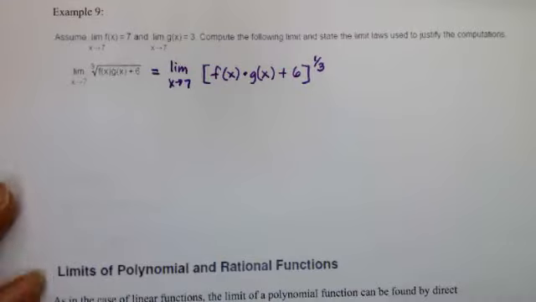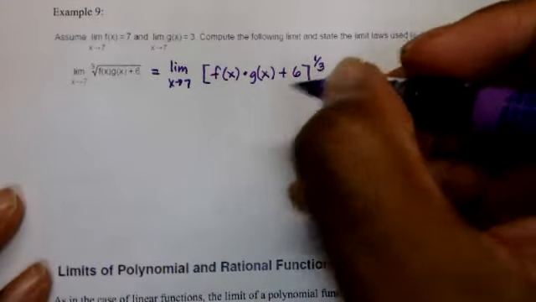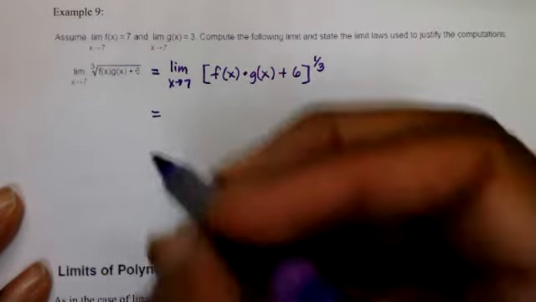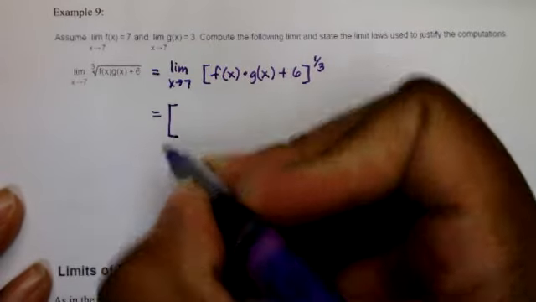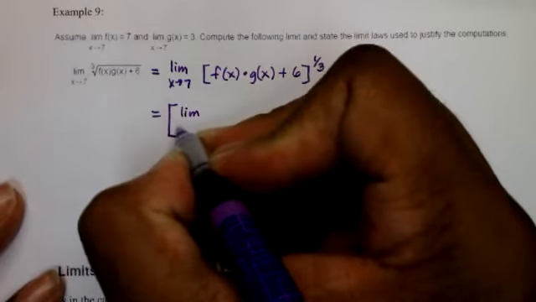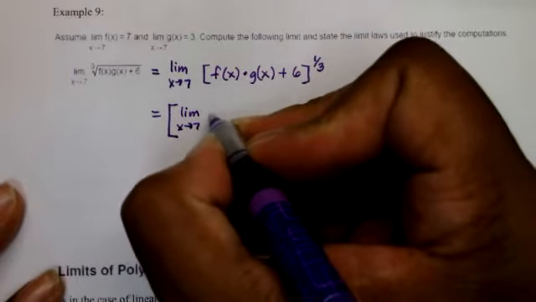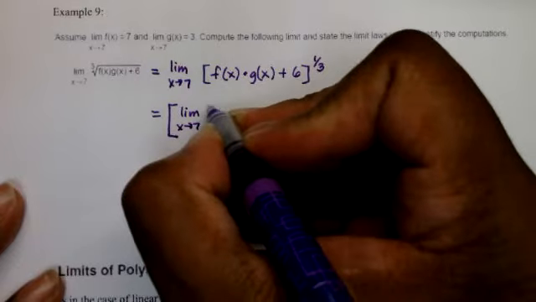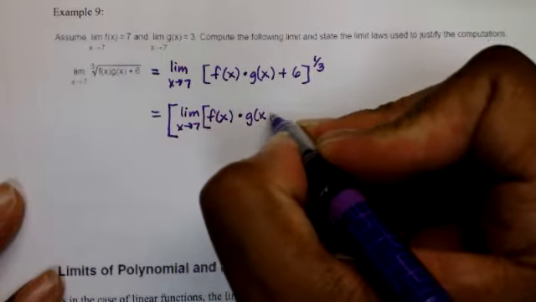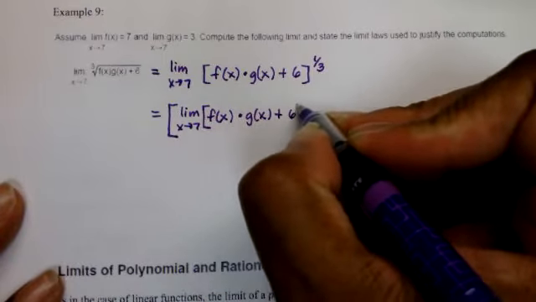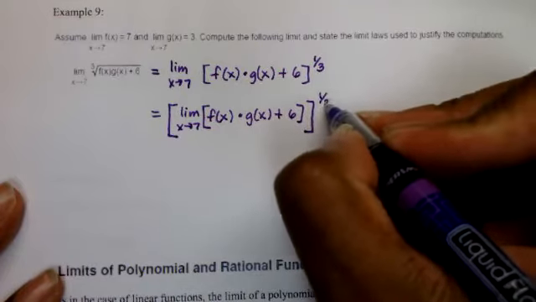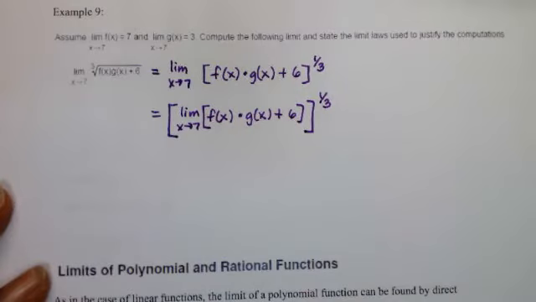Now, since it's to the 1/3 power, I can use the fractional power rule and do this. Take the limit as x approaches 7 of f of x, I need to put this in bracket as well, times g of x plus 6, and all of that would be to the 1/3 power.